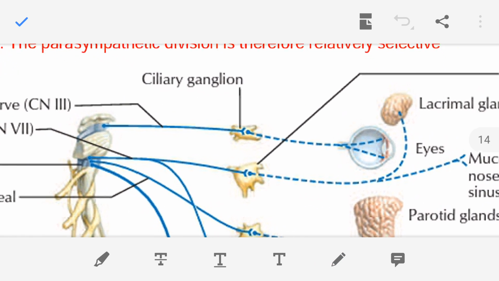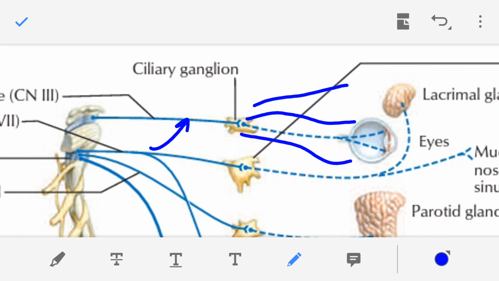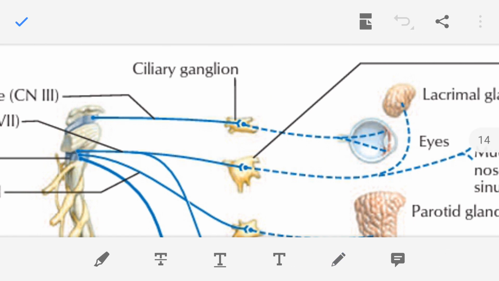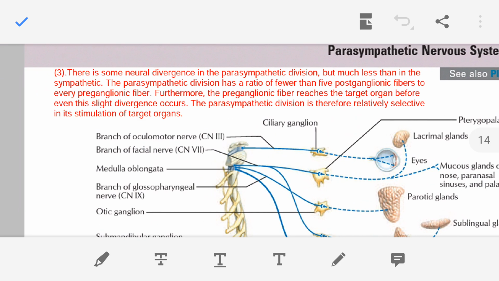That means one preganglionic fiber synapses with at least 4 to 5 postganglionic neurons or fibers. That is the meaning of this line.